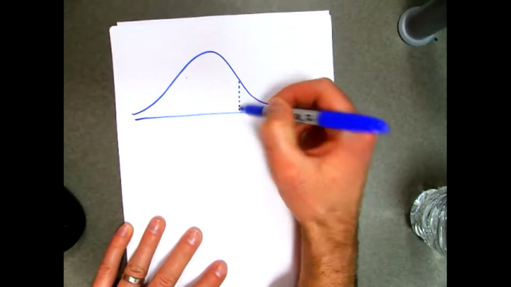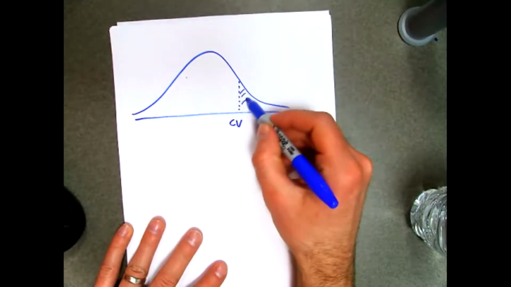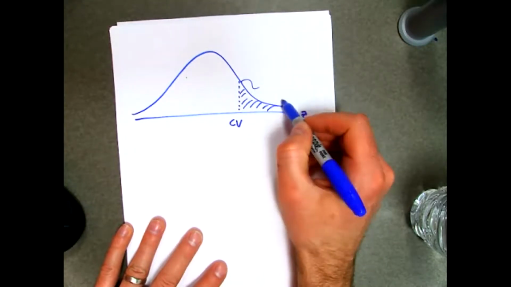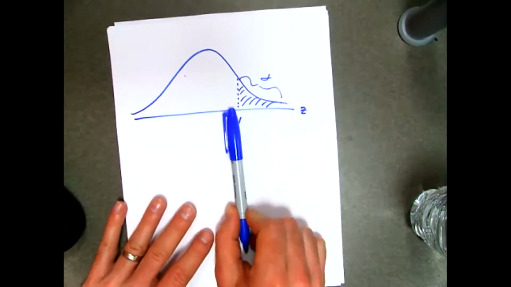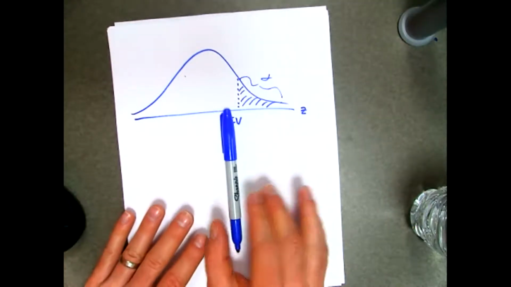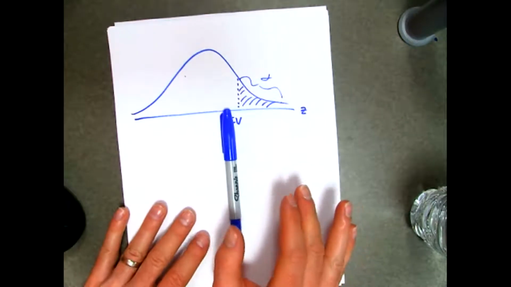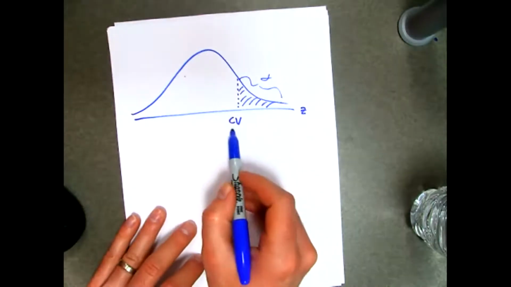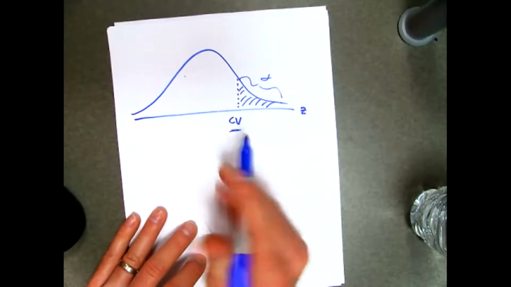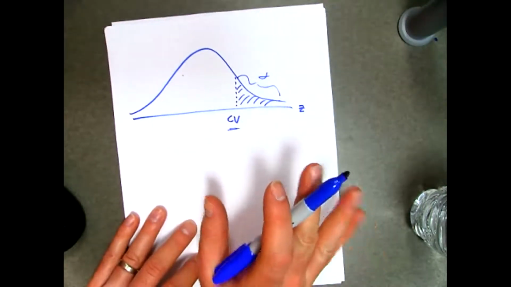And I want to find the critical value that gives me alpha total in the tail, or the threshold number of standard deviations away, that if I see a test statistic that's even further than this, right, or really what I'm saying, if my sample evidence is a further number of standard deviations away than this threshold I'm setting, then I'm okay rejecting.